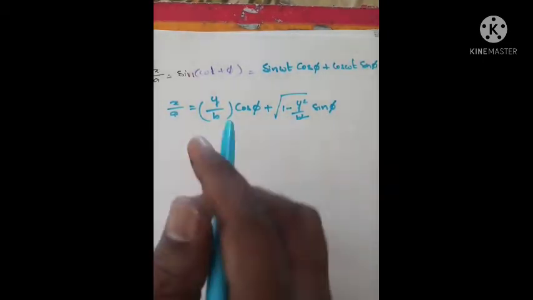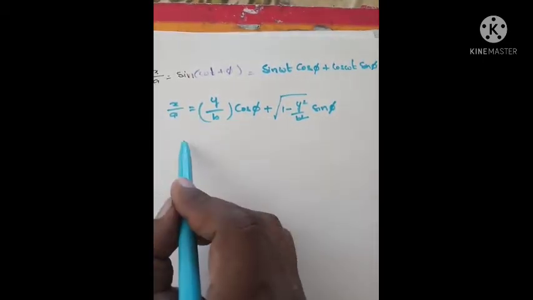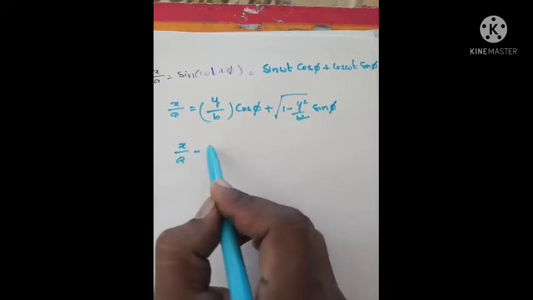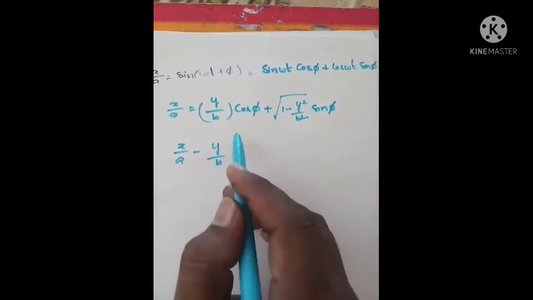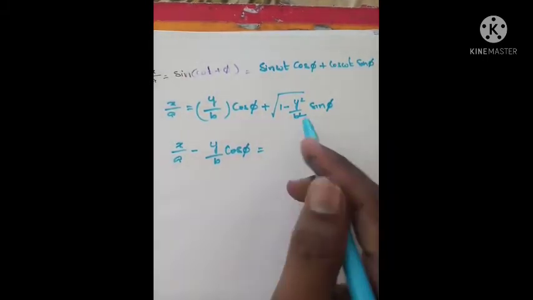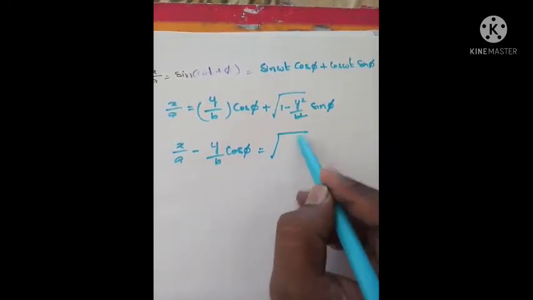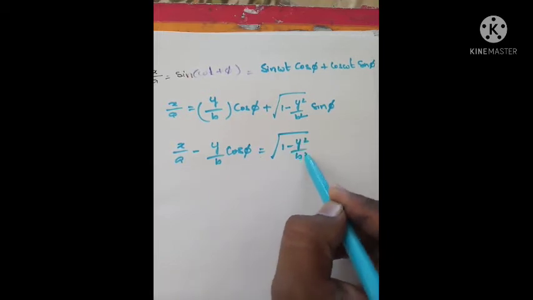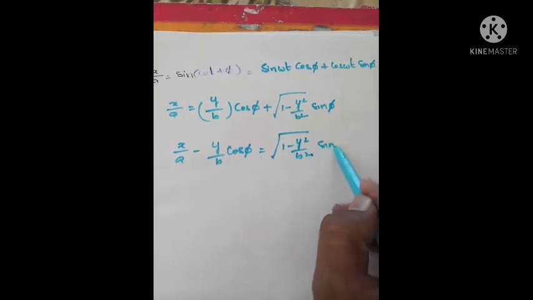Okay, so now from this equation we write x by a minus y by b into cos pi equal to under root 1 minus y square by b square into sine pi.